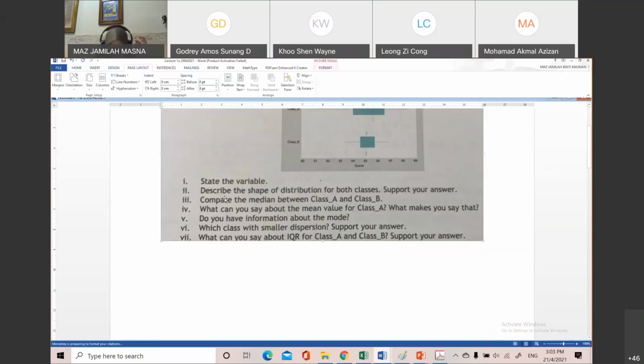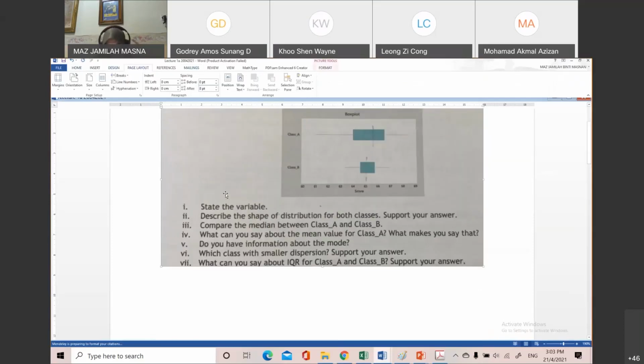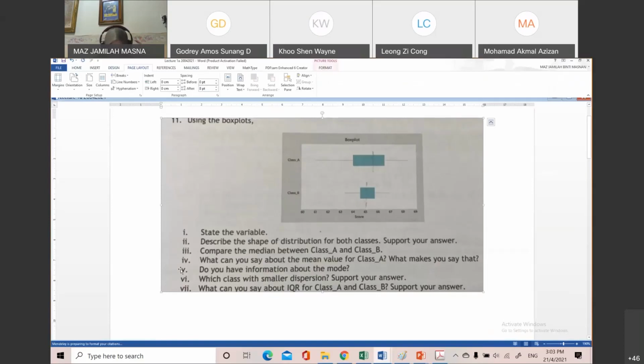Now state the variable. Can someone tell me what is the variable in this question?